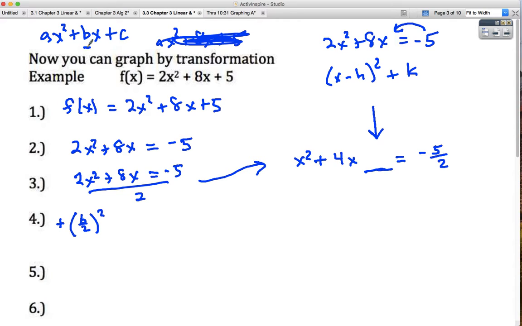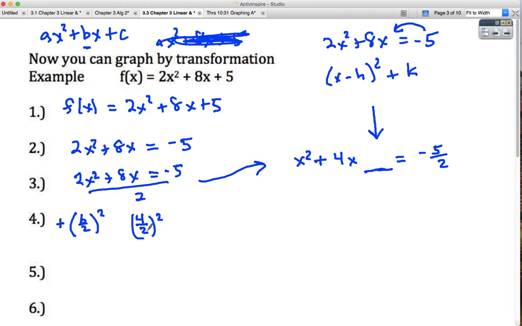That value right there is what we're looking for. So I'm going to take this b value, divide it by 2 and square it, and add it to both sides in order to complete the square so I can turn it into something that looks like vertex form. So b over 2 in this case would be 4 over 2 squared.